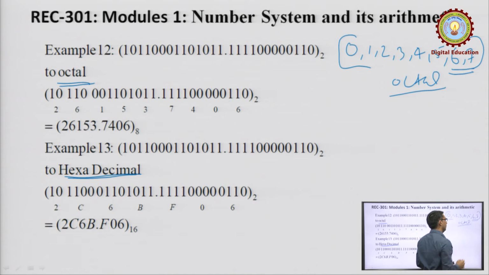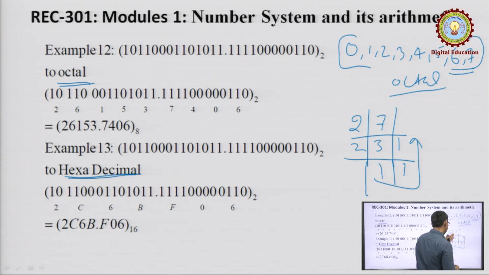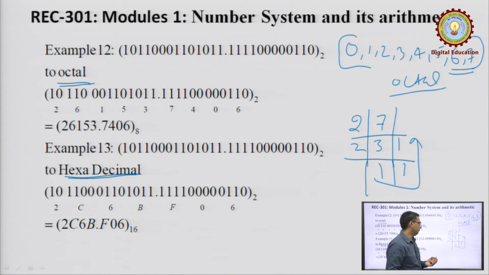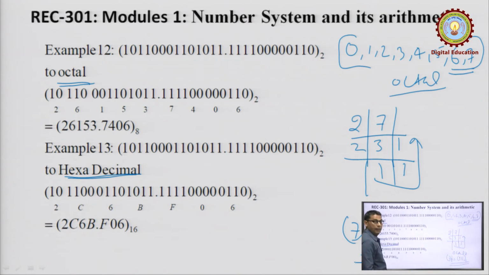So, if we write the binary equivalent of 7, we have to divide by 2, because we want to convert to binary. So, 7 divided by 2 is 3, the remainder will be 1, then again 2 into 3 is 1 remainder 1, then the remainder will be 1. So, the binary equivalent of octal 7, or 7 base 8, is 111.